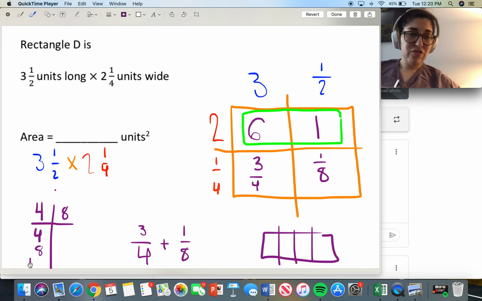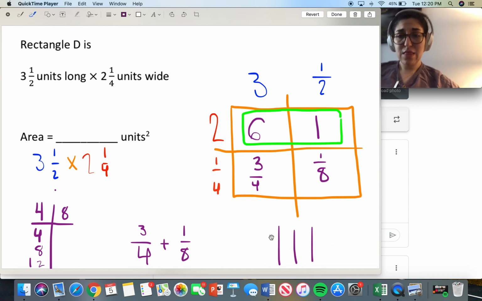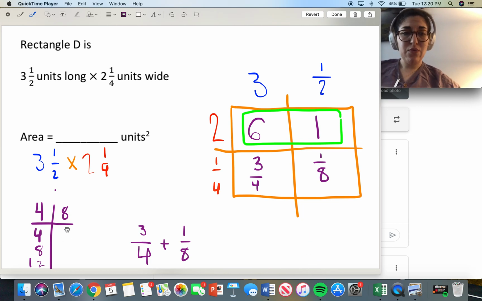So you see what I'm doing is I'm just multiplying the numbers, figuring out, well, what could I cut it into? What could I change it into, right? Here, if it was ones, it would be 8. If I cut it in half, it would be 16, right? And I'm noticing that both can be cut into the number 8, right?